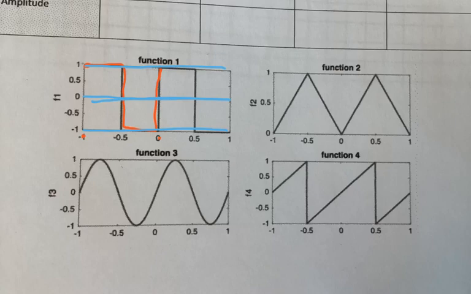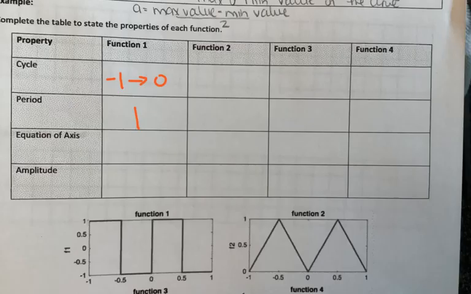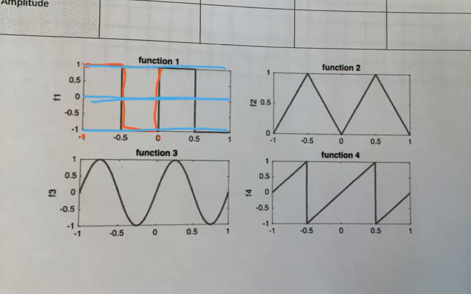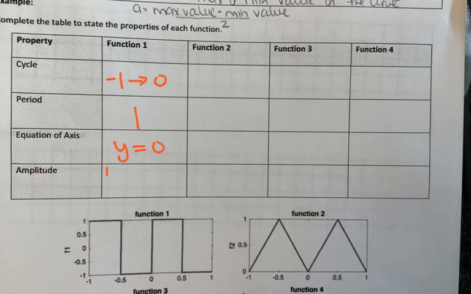So the equation of the axis is the line y equals 0. And then the amplitude is the maximum value minus the minimum value divided by 2. So 1 minus negative 1 divided by 2 is 2 over 2 equals 1.